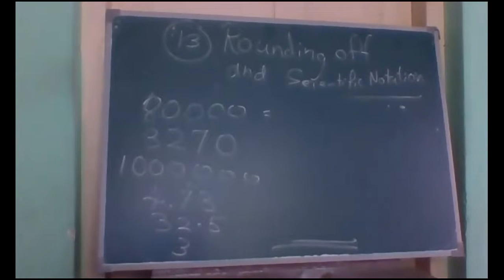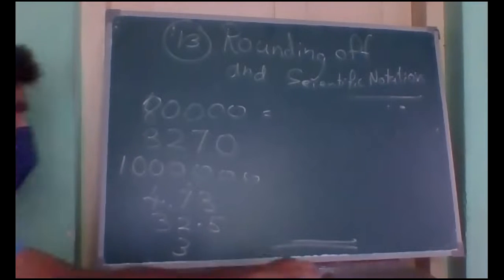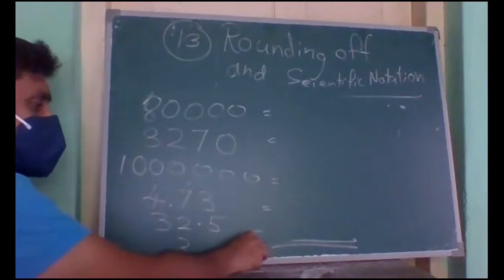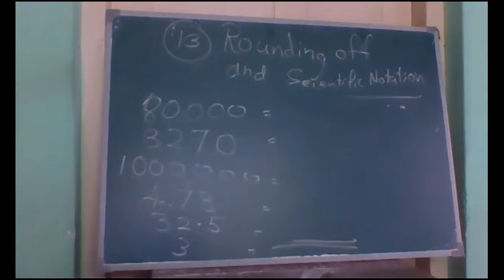If it is already in between 1 and 10, what happens? Simple. Then you do not want to multiply any number. Then you can write what is the power of 10 of that particular number. Try to find the answer.